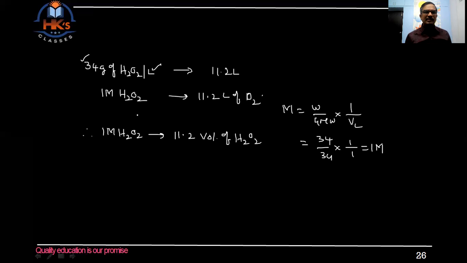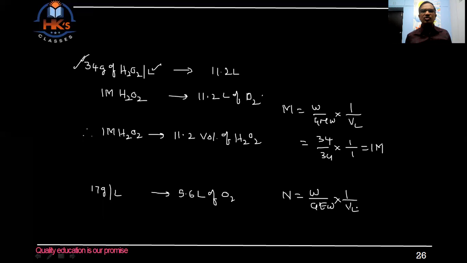At the same time, students, suppose I take only 17 grams per liter, that implies 5.6 liters of oxygen. And this 17 grams present in 1 liter is nothing but 1 normal hydrogen peroxide, because the expression for normality is weight by gram equivalent weight into 1 by volume of the solution in liters.